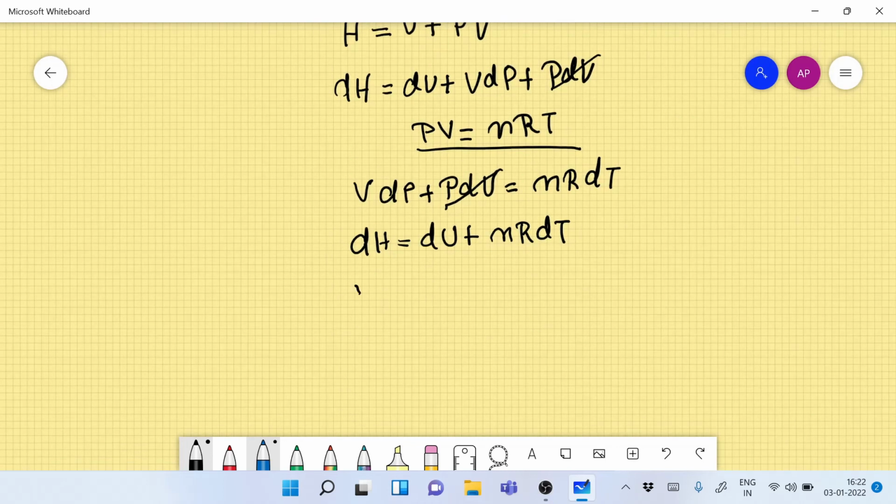which further can be written as dH is equal to n into Cv into dT plus n into R into dT.